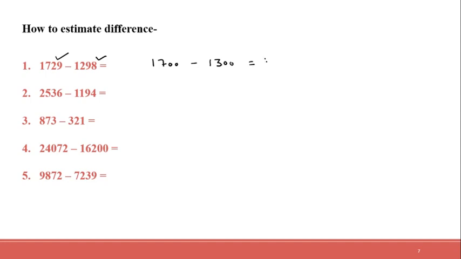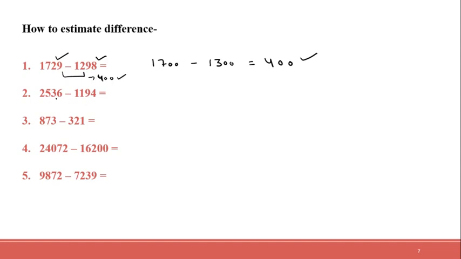Now if we subtract these two numbers, we will get 400. So we can say that there is a difference of roughly 400. That's what we can say, right?